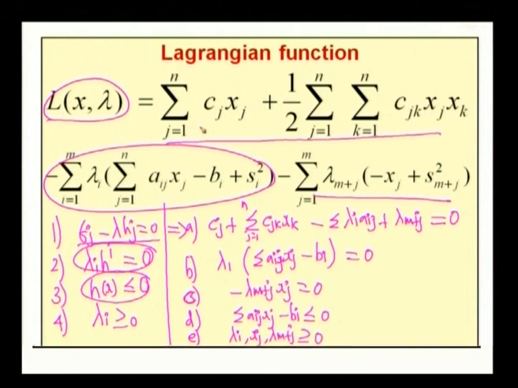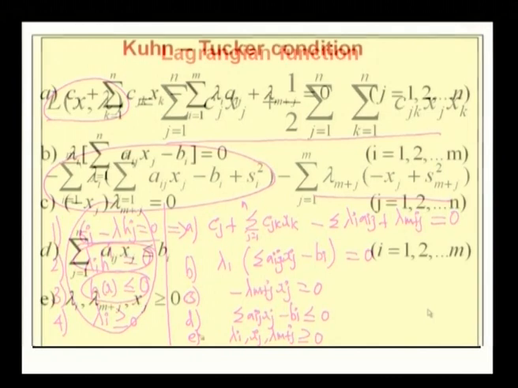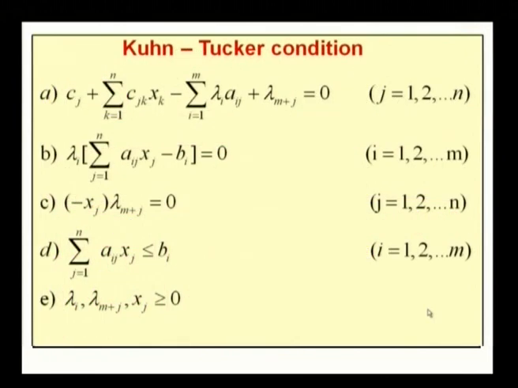So, for the given QPP, from the Lagrangian function, by applying these conditions we have the five conditions A, B, C, D, E, which are clearly written here. Equation A is the partial derivative of the Lagrangian function with respect to the decision variable xj: cj plus summation cjk xk minus summation lambda i aij plus lambda m plus j equal to 0.